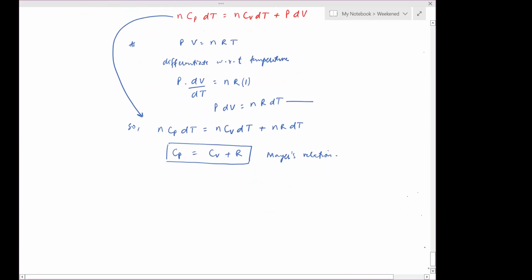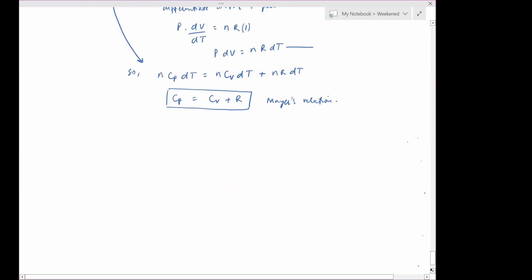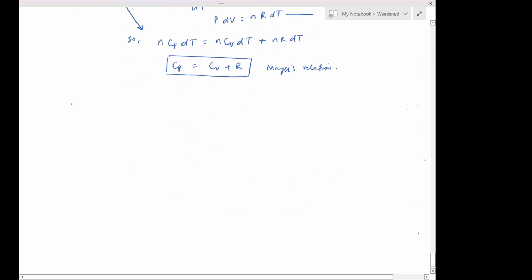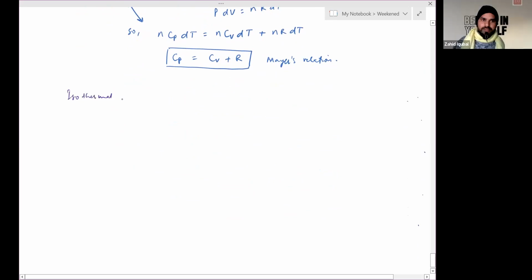Next is the isothermal process, which is also called Boyle's law.